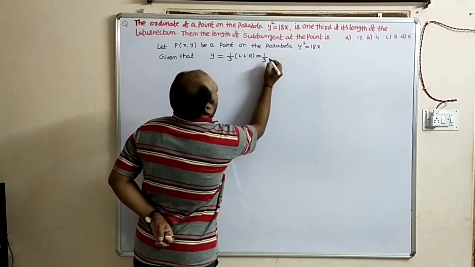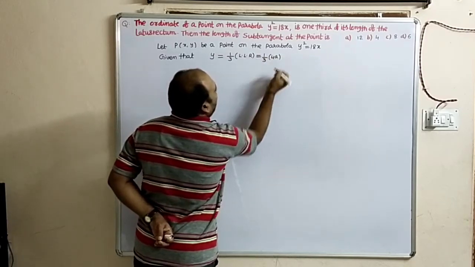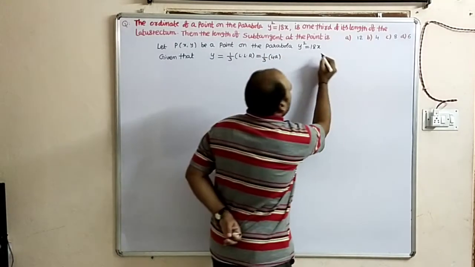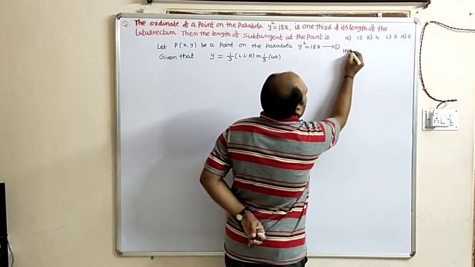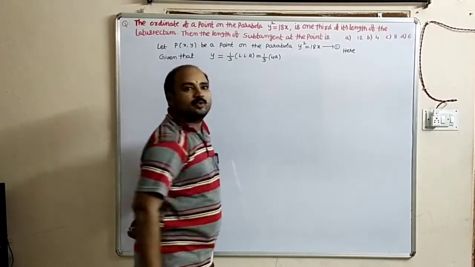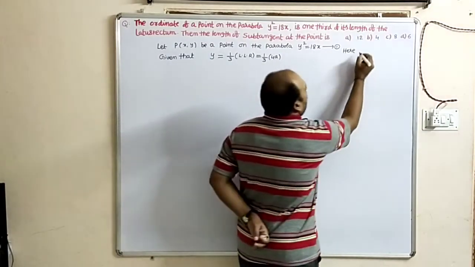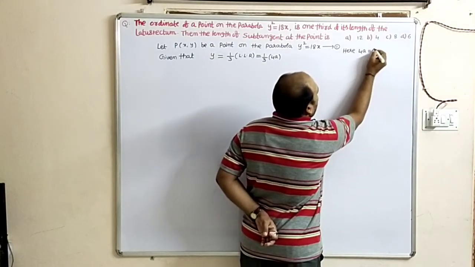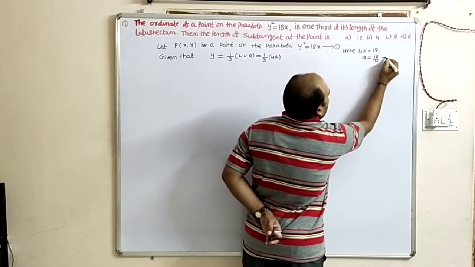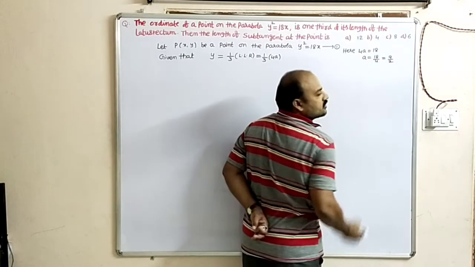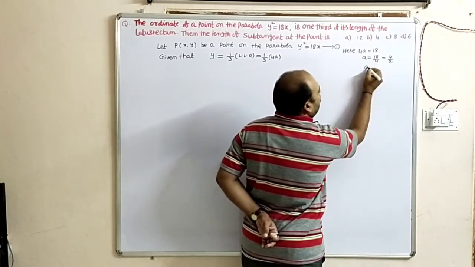So 1/3 into 4a. From this parabola equation 1, compare this equation with y square equal to 4ax. 4a equal to 18, a is equal to 18 by 4, which is also equal to 9 by 2. So the a value we got is 9 by 2.